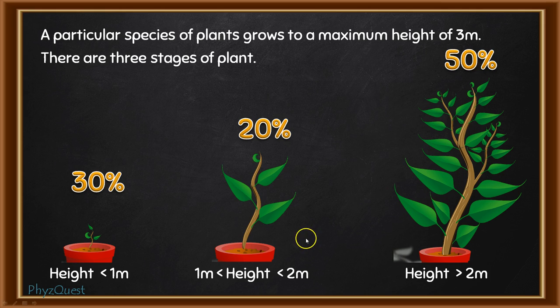Now if you look at the other 2 categories, here and here. If you compare these 2 cases, or in fact all the 3 cases, the minimum plants are there in between the height 1 meter and 2 meter, that is, more than 1 meter and less than 2 meters.